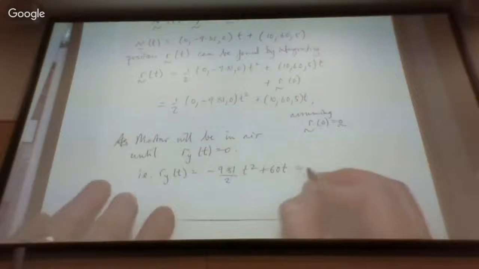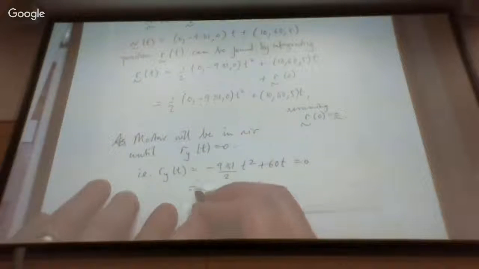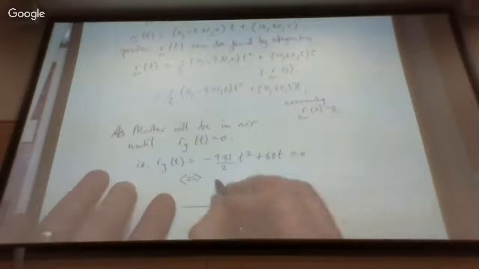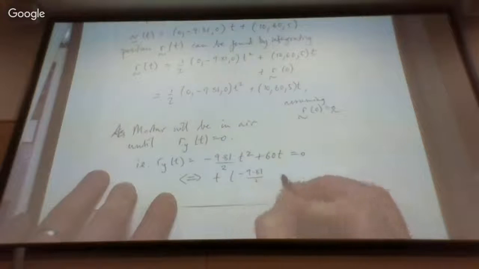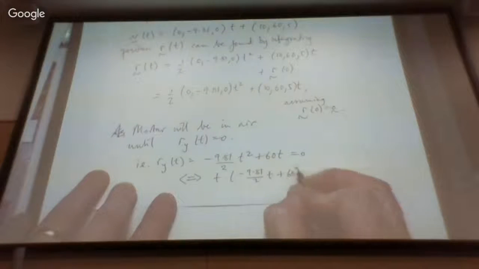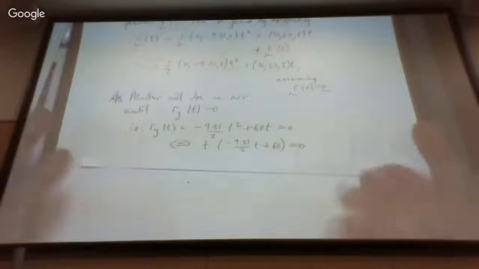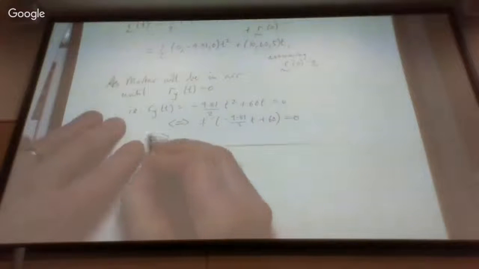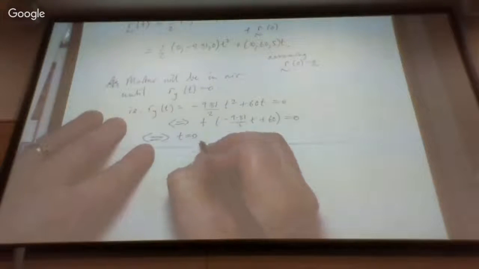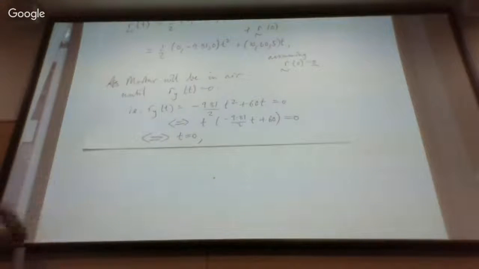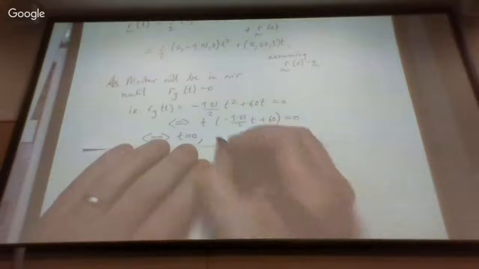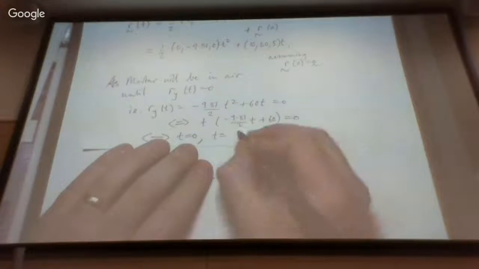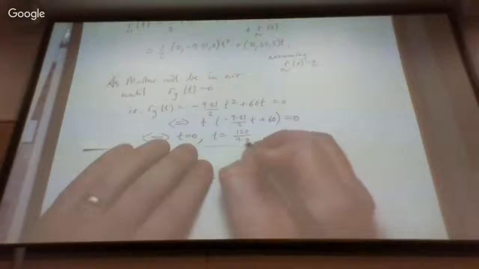We want this equal to 0, and that can be factorized. This is t times (minus 9.81 over 2 times t plus 60). That clearly has two solutions. t equals 0 is when it's at position 0 at time 0, when it's fired from the ground. It's the other time that we're more interested in, which is 120 over 9.81.